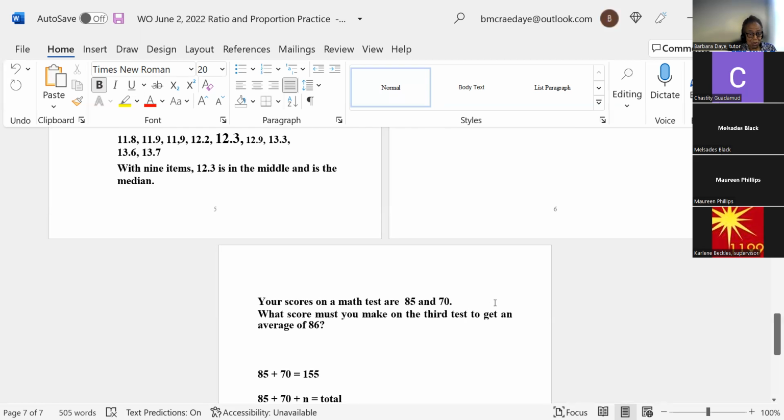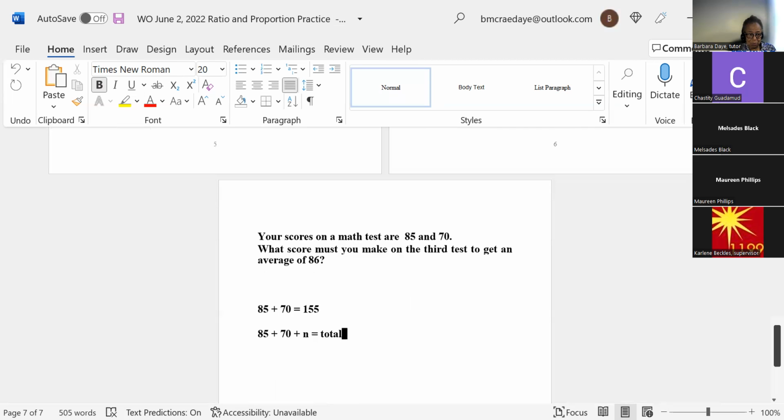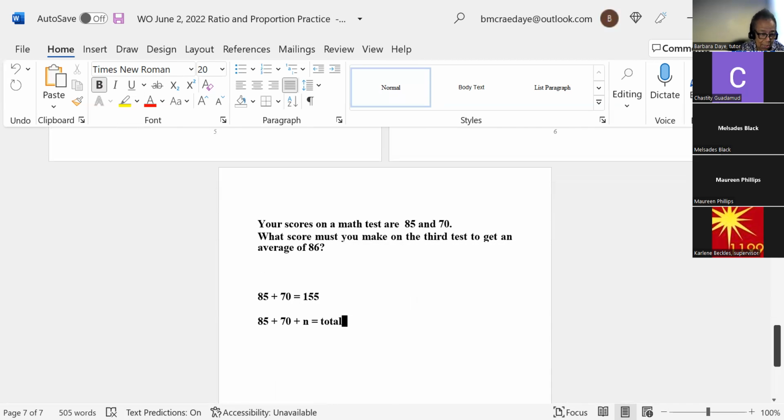Now, you know the average. So if you know the total, you can find n. In other words, what must that third test score be?